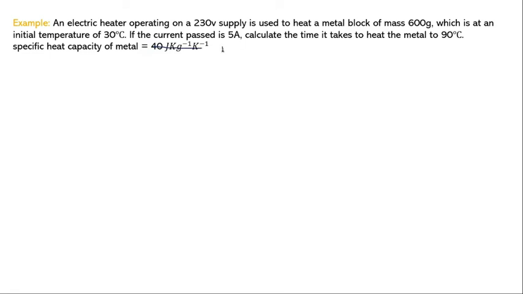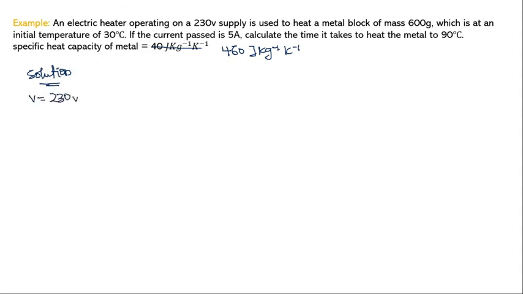460 joules per kilogram per Kelvin. Sorry for that mistake. Alright, so let's write down our solution. We have an electric heater operating at a voltage supply of 230, so our voltage is 230 volts.